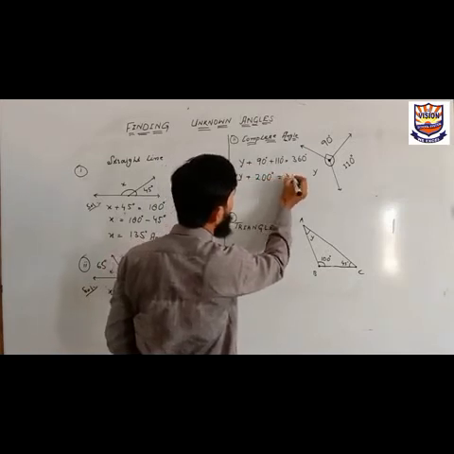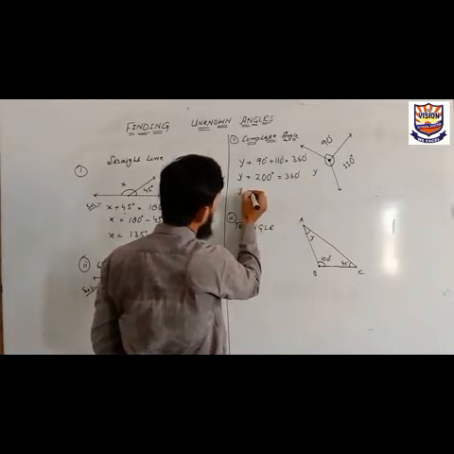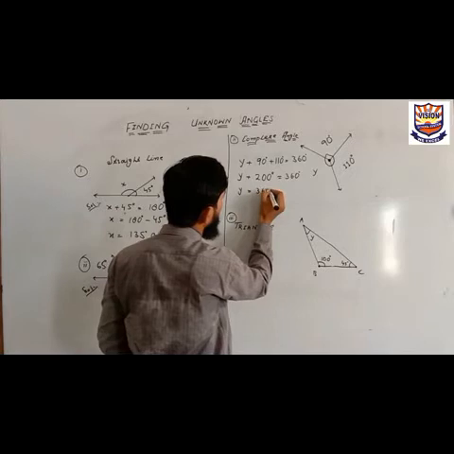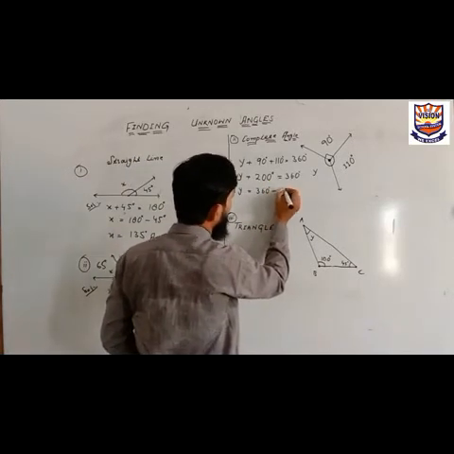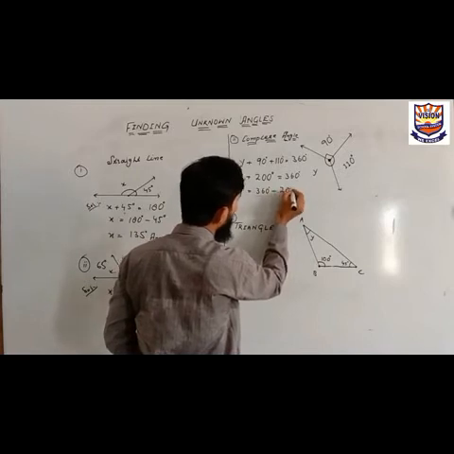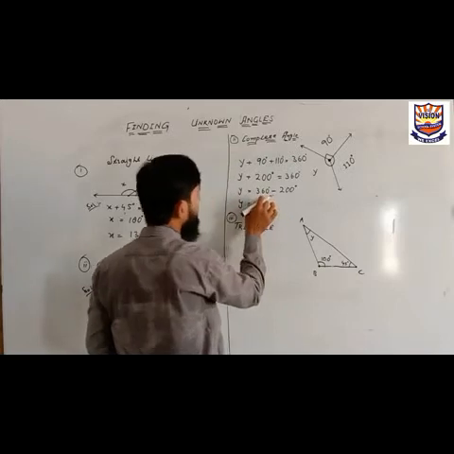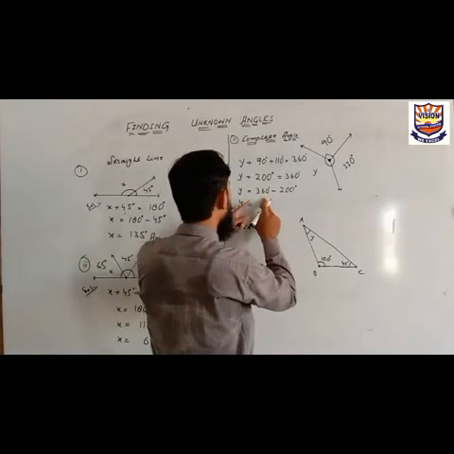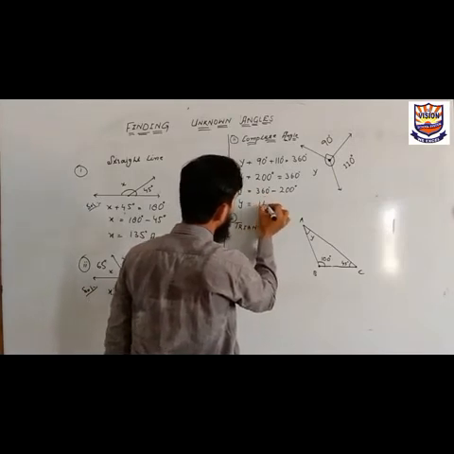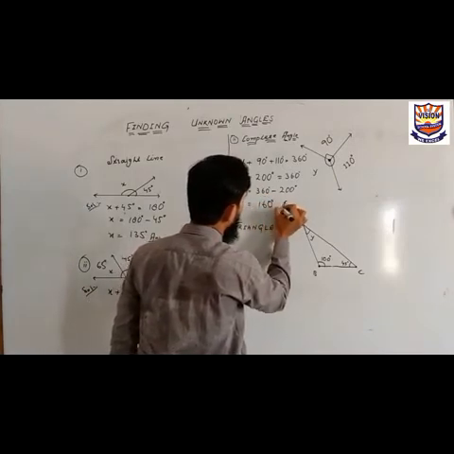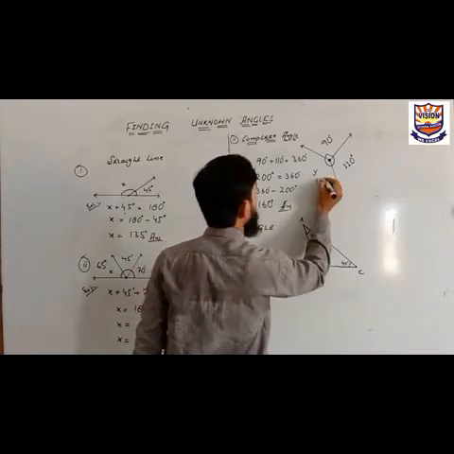So y plus 200 degrees is equal to 360 degrees. Now subtract 200 from 360 degrees. So angle y is equal to 360 degrees minus 200 degrees, which is 160 degrees. Angle y is equal to 160 degrees.